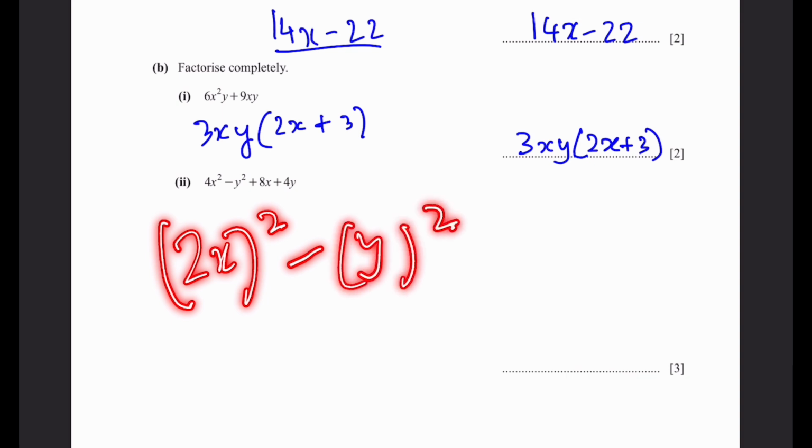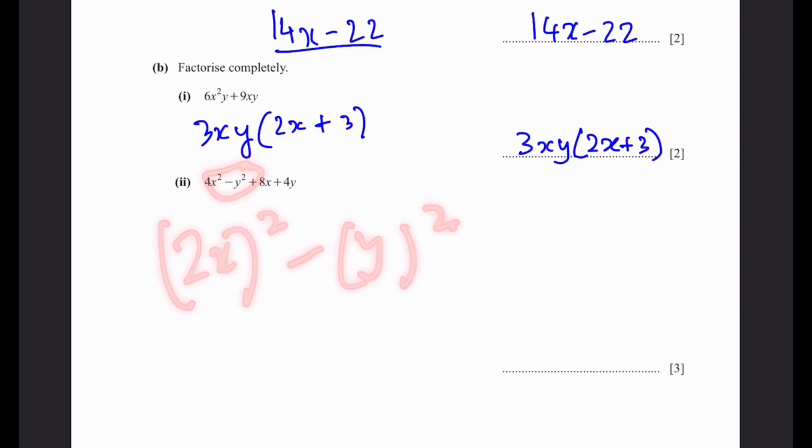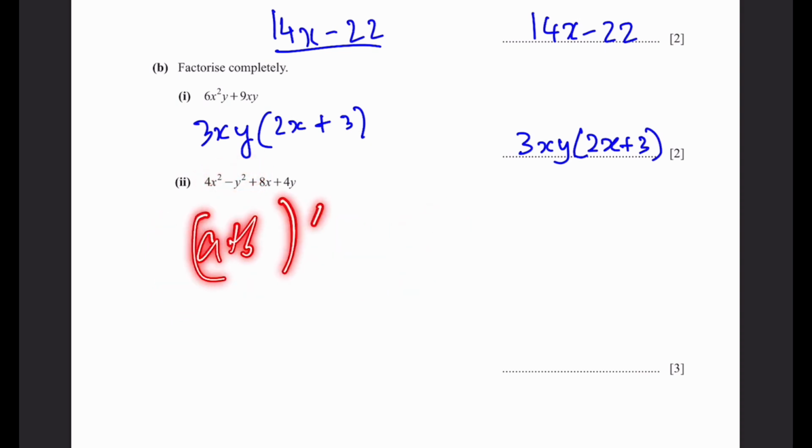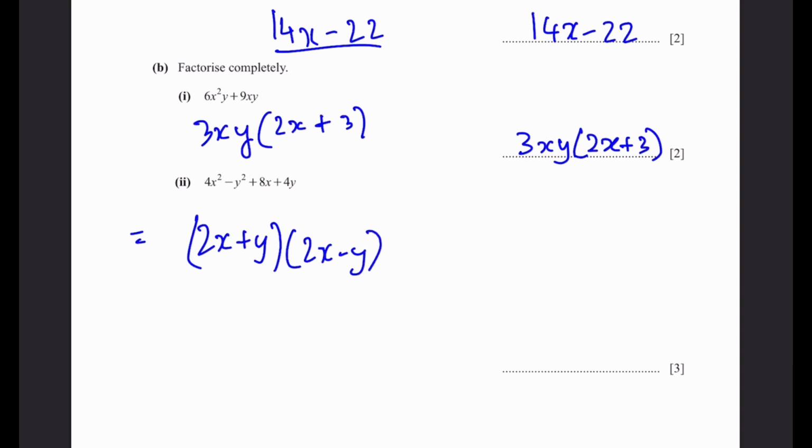This is going to be a plus b times a minus b, and that's just going to be 2x plus y times 2x minus y. And of course, we have to add the second part, 8x plus 4y. That is going to be 4 times 2x plus y if you factorize it completely.